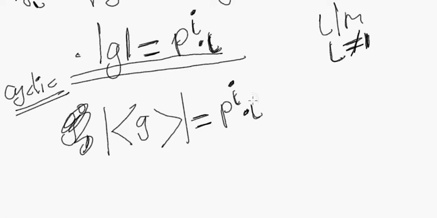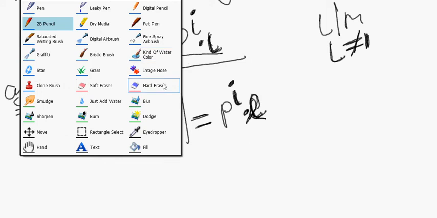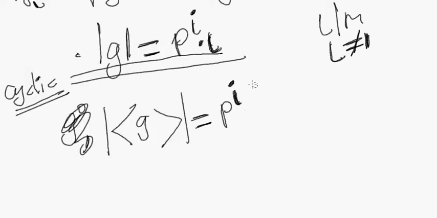Okay. Let's write it like that. L. Okay, it's supposed to be L. Alright, let's write a little more clearly here. P to the I times L. Well, aren't we saying that our cyclic group, let's call it R, is the cyclic group generated by G?